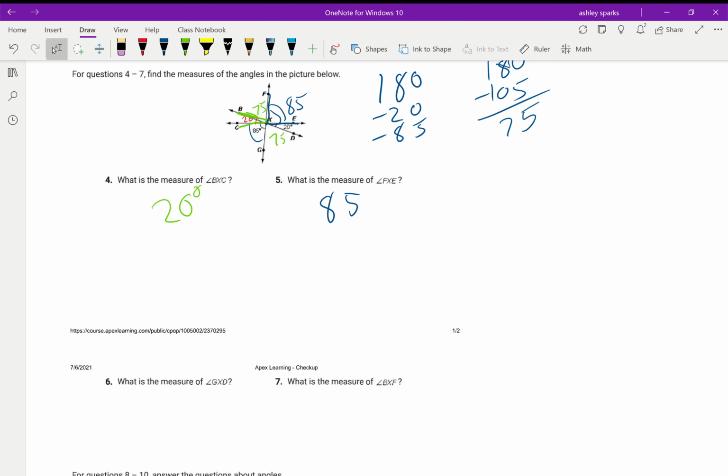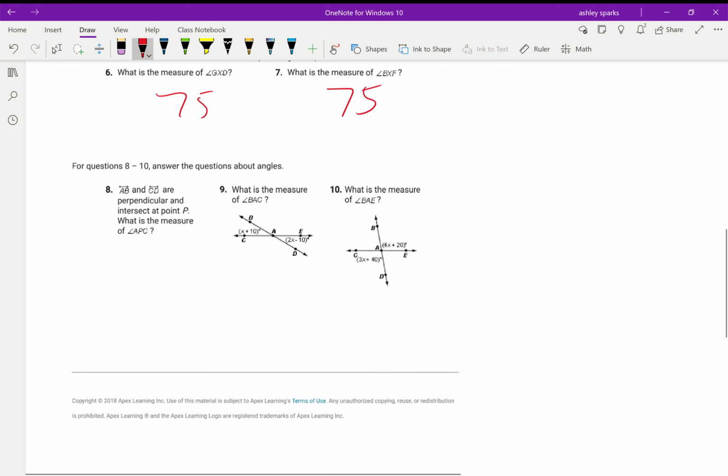And then it asks about my new ones, which would be G to X to D, that's 75. And the last one that I haven't done yet is the B to X to F, which is also 75 degrees. So really simple basic calculations here.